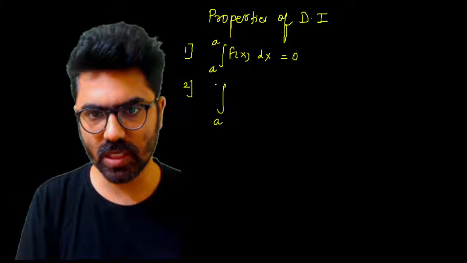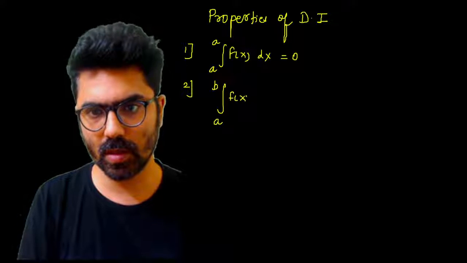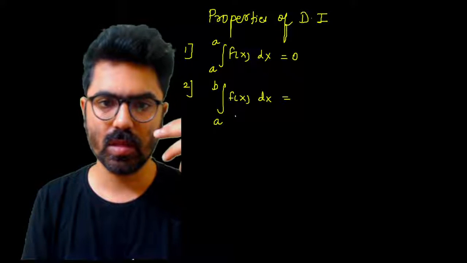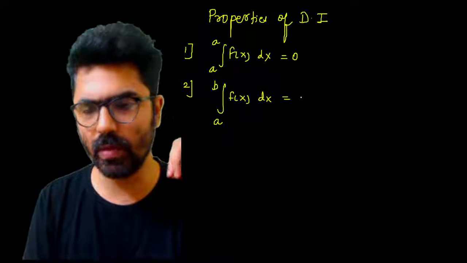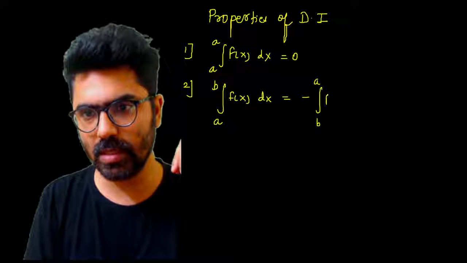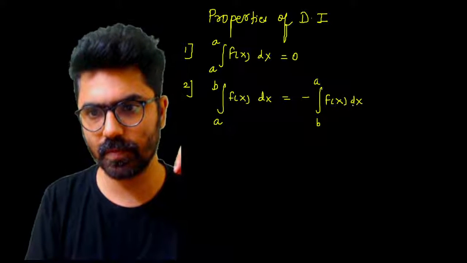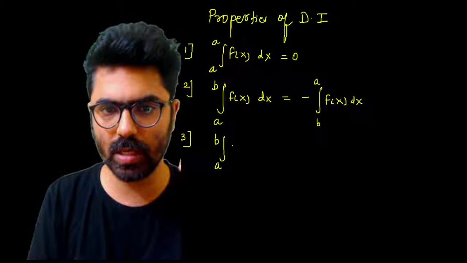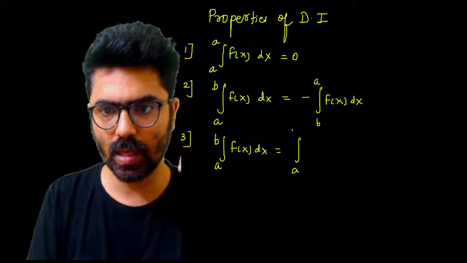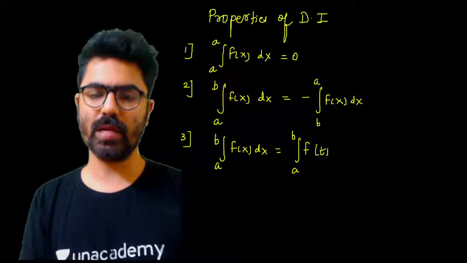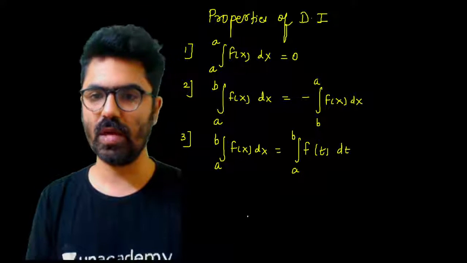Similarly, if a function is integrated from a to b, f of x dx, and you want to change the limits, so the lower limit becomes the upper limit and the upper limit becomes the lower limit, then you write a minus sign, and that is the integral from b to a of f of x dx. And the third property, these are three easy properties: a to b, f of x dx, instead of x you can write t, and this will become the integral from a to b of f of t dt.